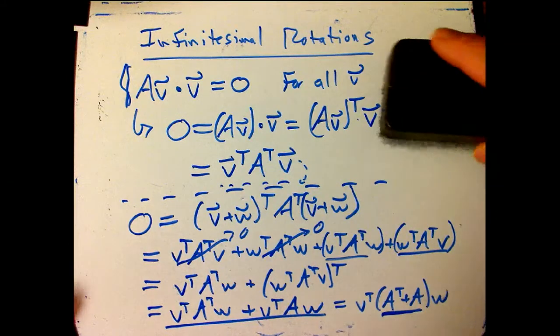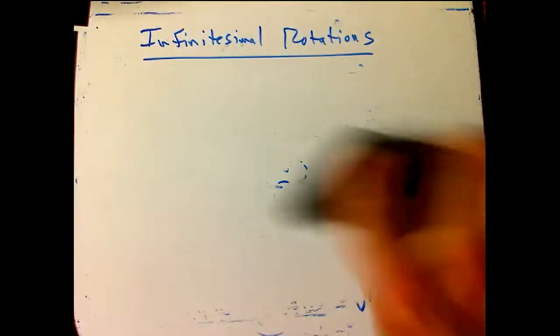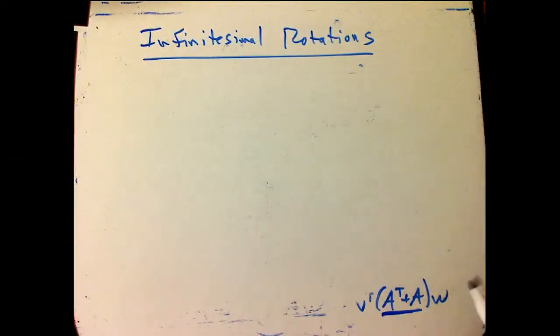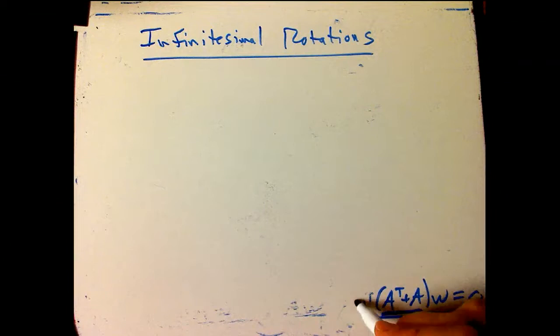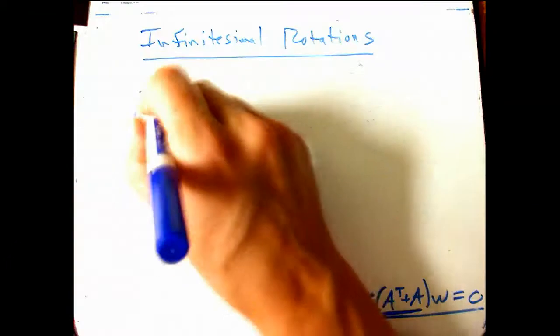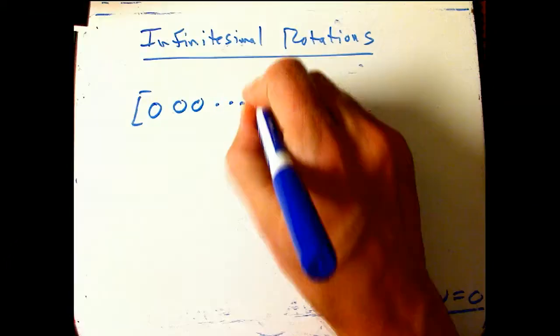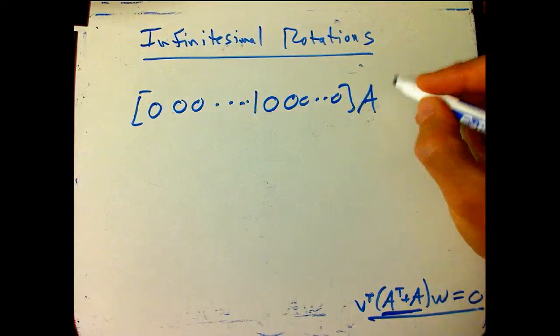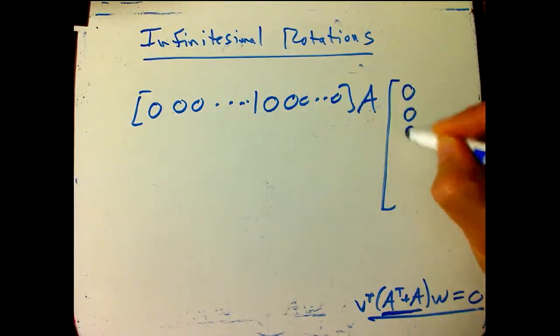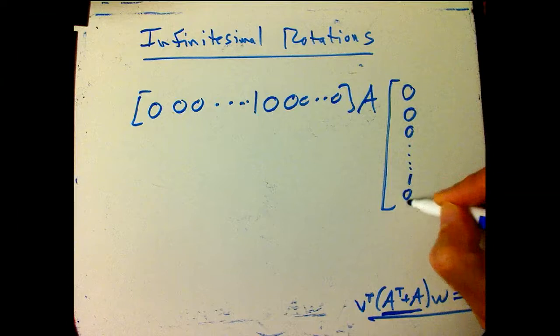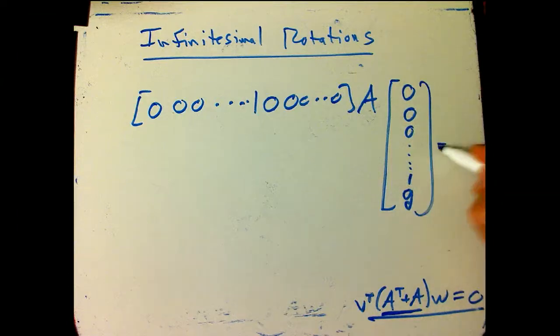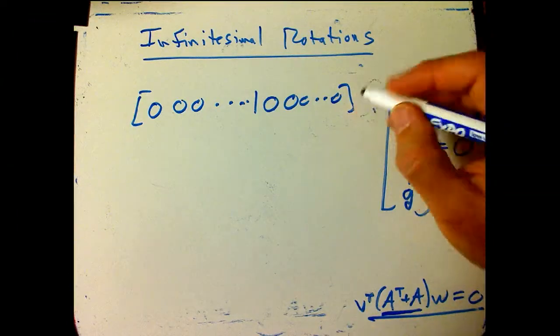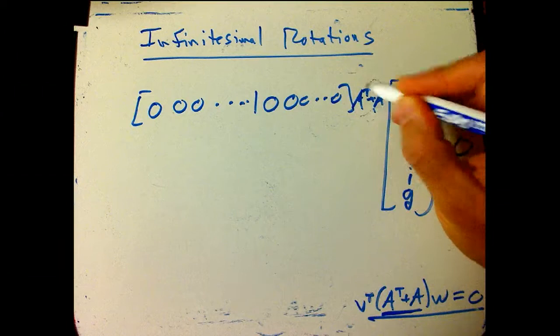Now, let's just pick some really special vectors here. Let me just say that this is equal to 0 for all v and W. So, for example, 0, 0, 0, 1, 0, 0, 0, 0 times A times 0, 0, 0, 1 in a different position, quite possibly. That's equal to 0. A plus A transpose, sorry. Or A transpose plus A.